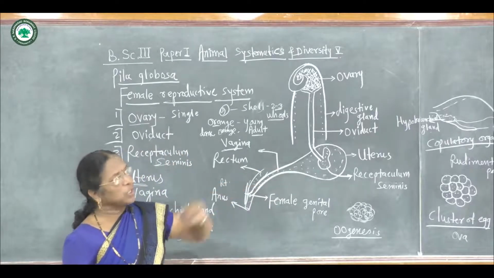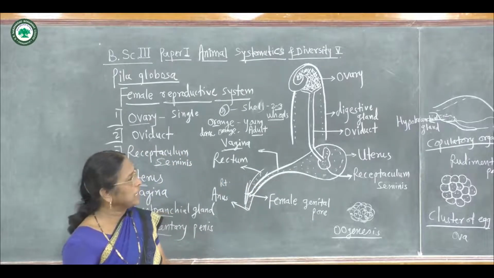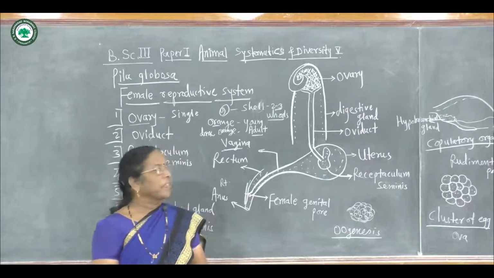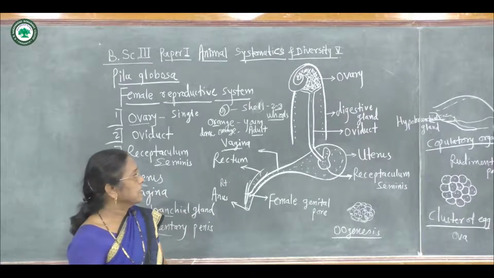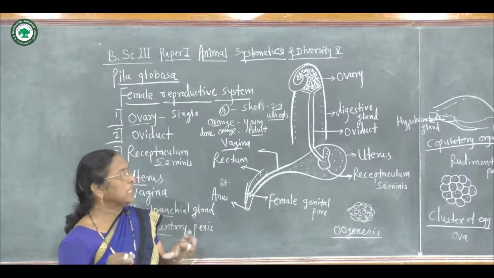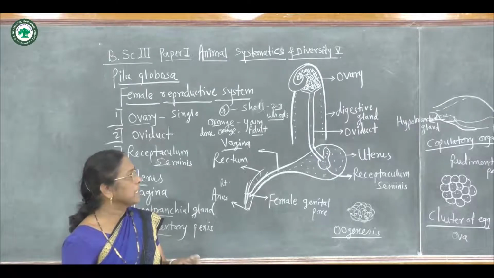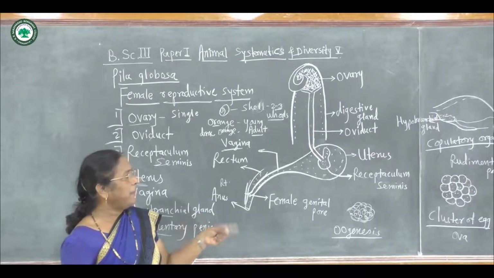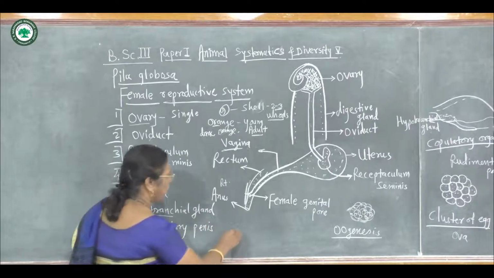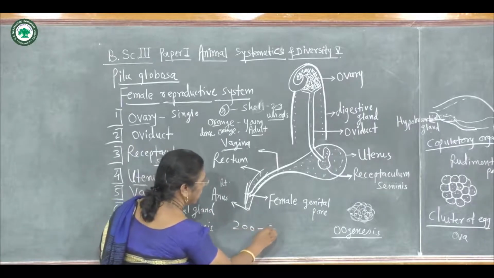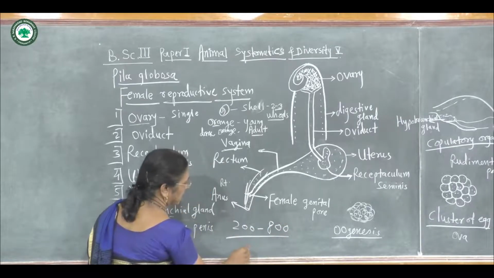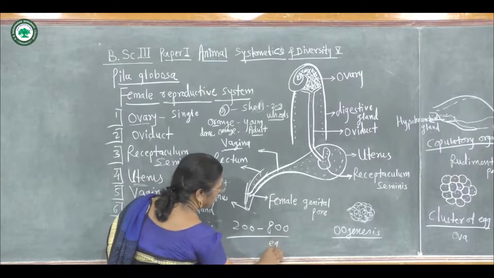This means fertilization is internal. It takes place in 3 to 4 hours. Then after copulation, both the male and female Pila separate and the female lays eggs. The female lays about 200 to 800 fertilized eggs.